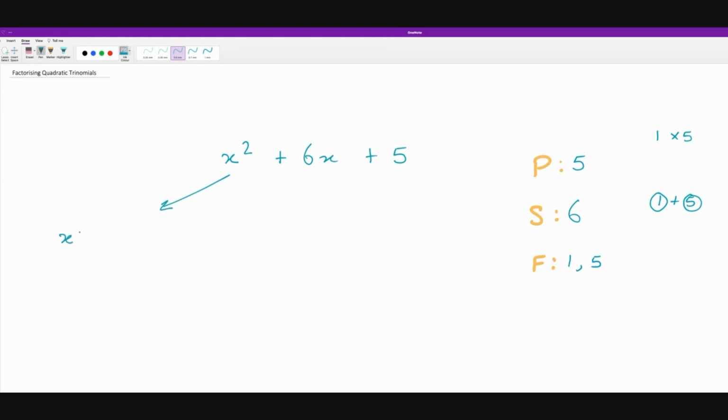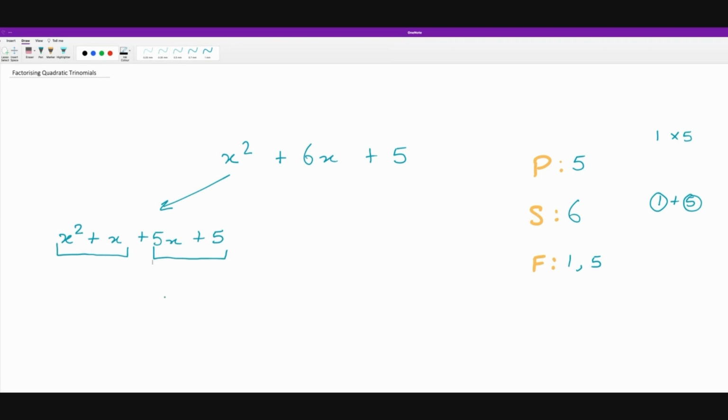It would look like x squared plus, and then you would go 1x, which is just x, plus 5x, which is the other factor, and then plus 5. From here, you would want to split this in half, kind of imagine an imaginary line going down the middle of this. And what you would want to do is now factorize these two groups individually.